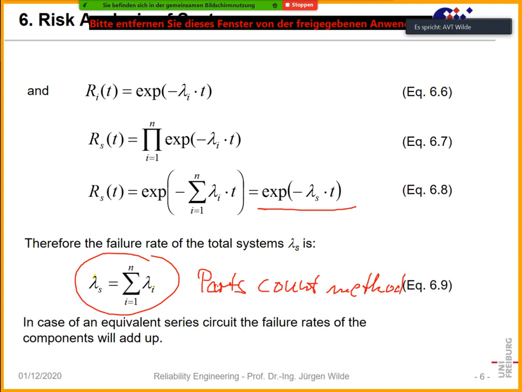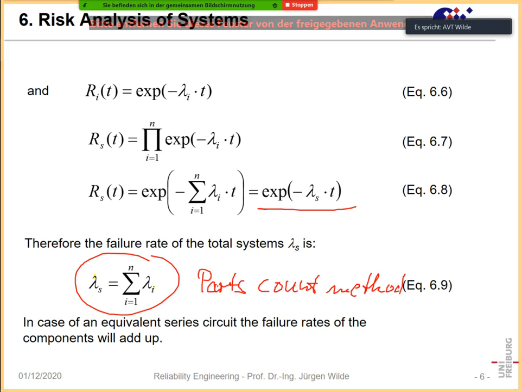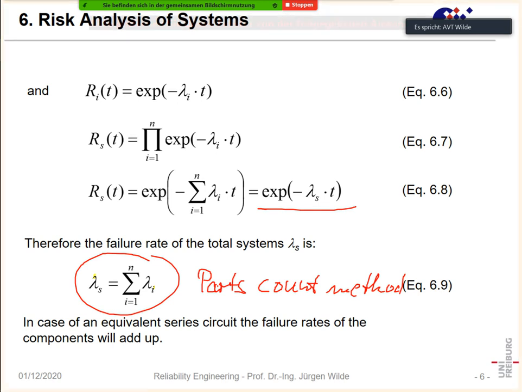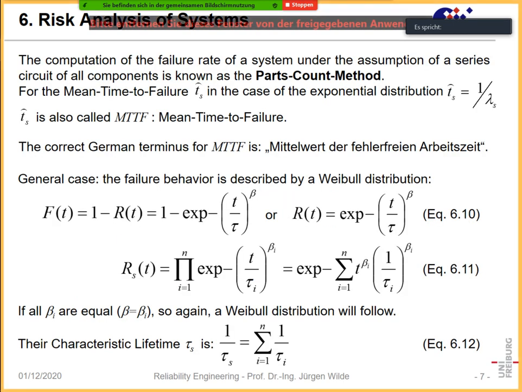That means there's no systematic change of failure rate, like increasing failure rate or decreasing failure rate, but it's just failure by chance, and in that way, that's an important prerequisite. So I already said, parts count method is you add up all of the failure rates. Part stress is you add up all of the failure rates for the individual cases.